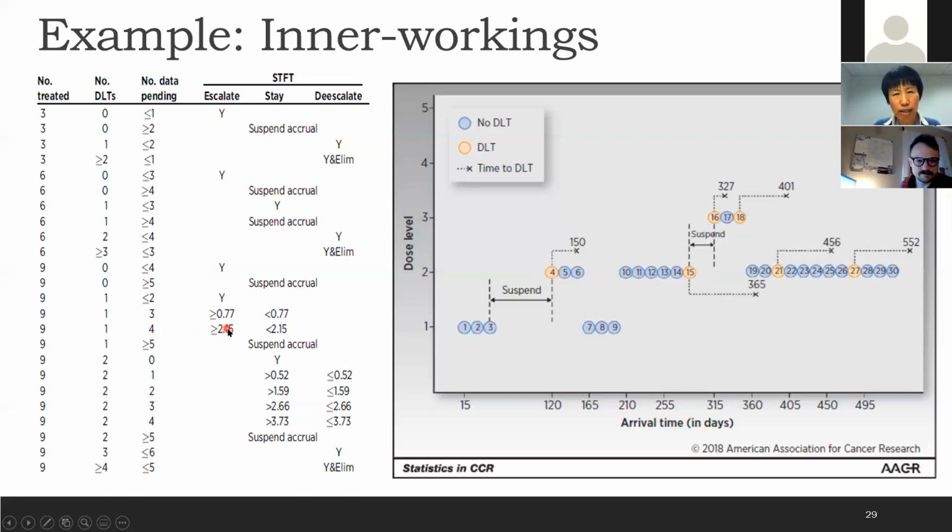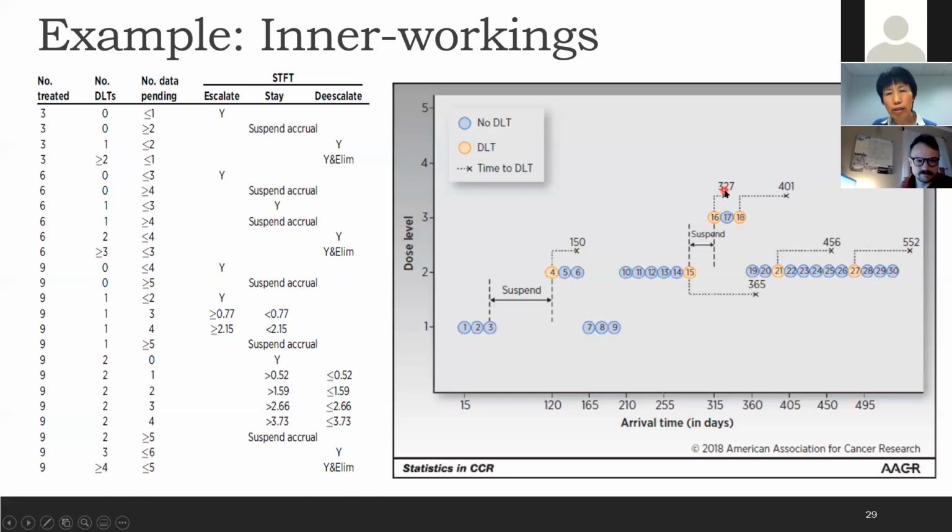And the decision rule says the decision will depend on the standardized total follow-up time. So we calculate the standardized total follow-up time for the pending patients 12 to 15. The standardized total follow-up time is 2.33, which is greater than 2.15. So the decision rule says escalate the next cohort. So by day 315, we escalate patients number 16 to 18 to dose level 3.